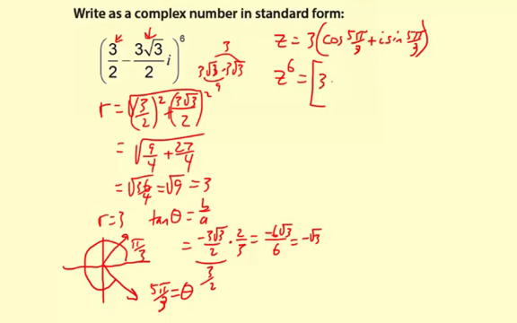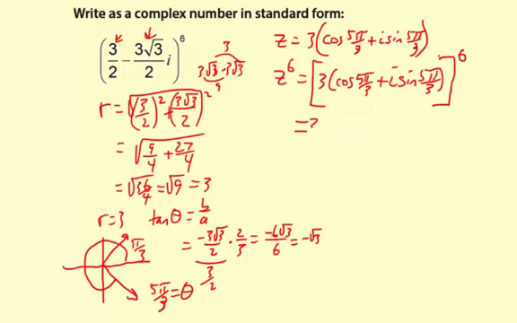So it's going to be 3 times cosine of 5 pi over 3 plus i sine 5 pi over 3, to the 6th power. Okay, so now I need to distribute out the 6.